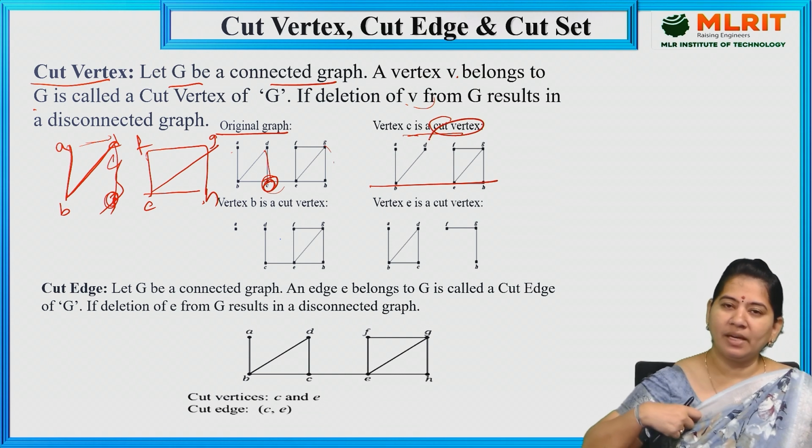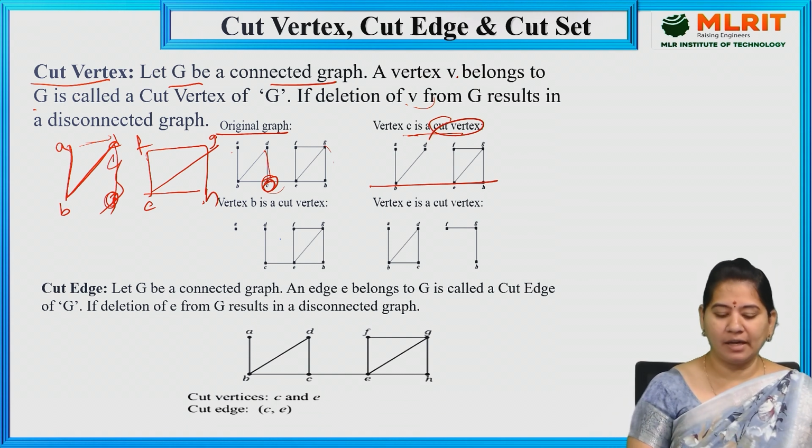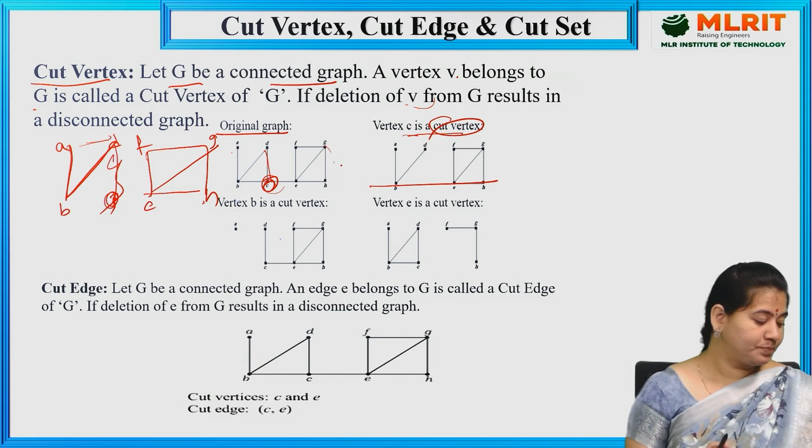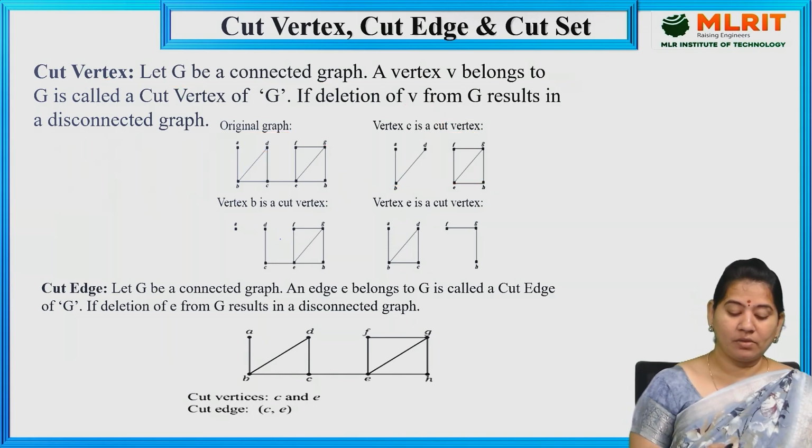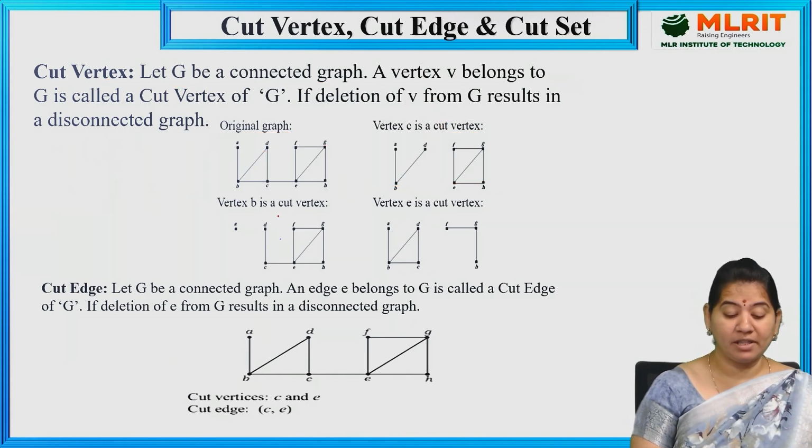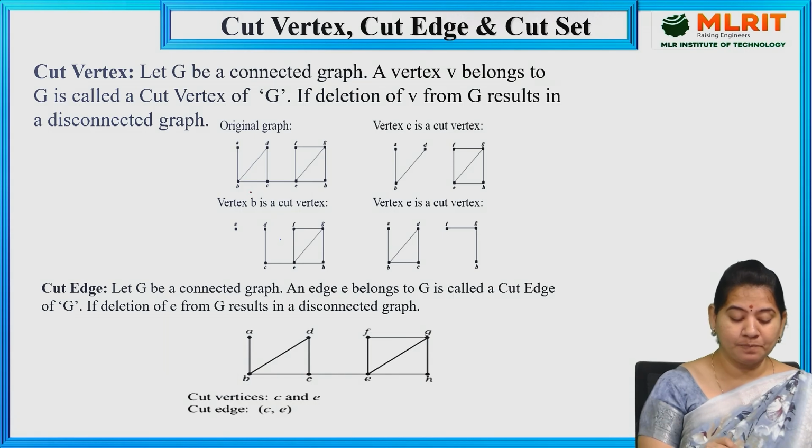Like this, you can have many cut vertices in a graph. I have taken B also. Vertex B is also a cut vertex. Here I remove B and the edges attached to it.